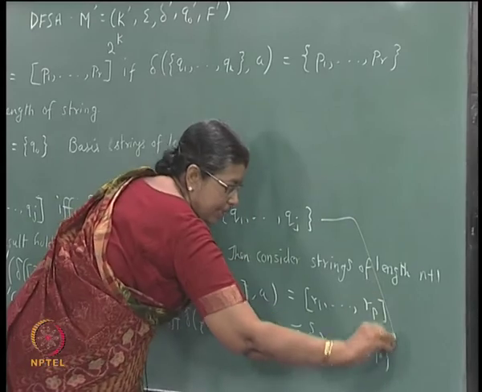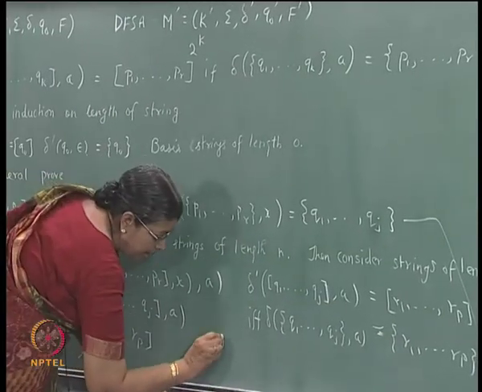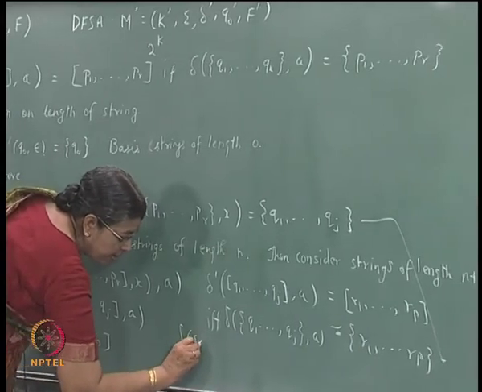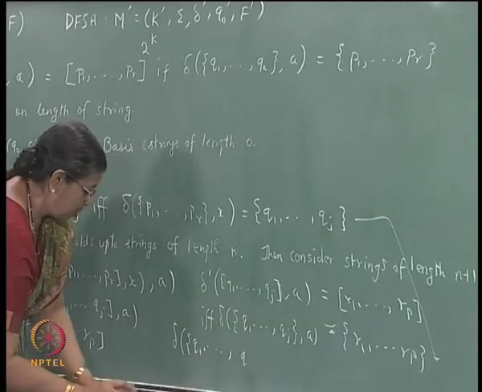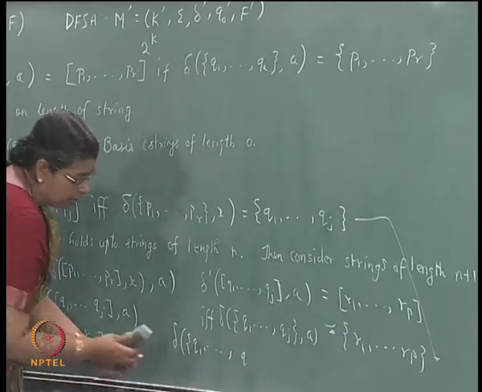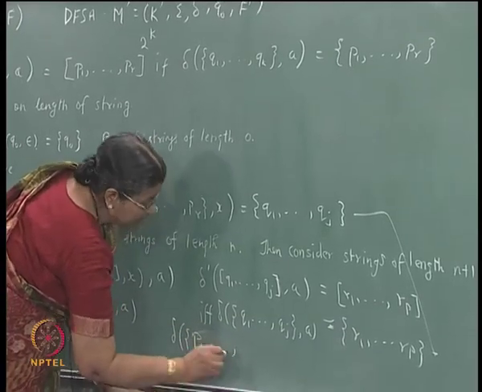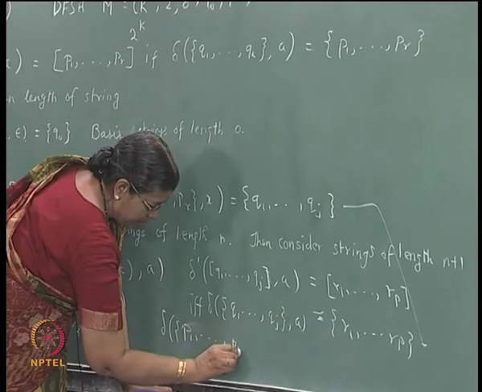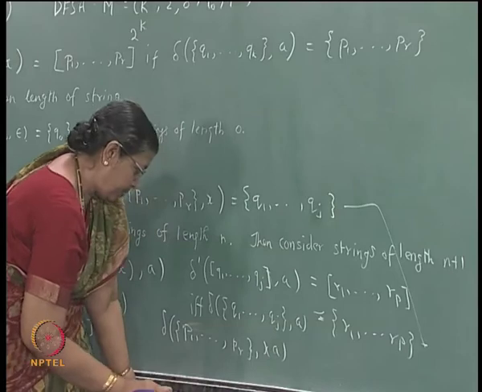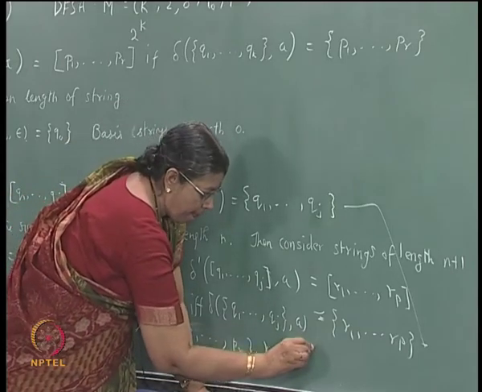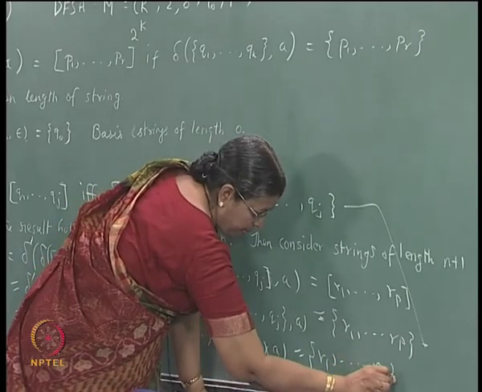So, from this and this you get delta of P1 P2 PR XA is equal to R1 R2 Rp.